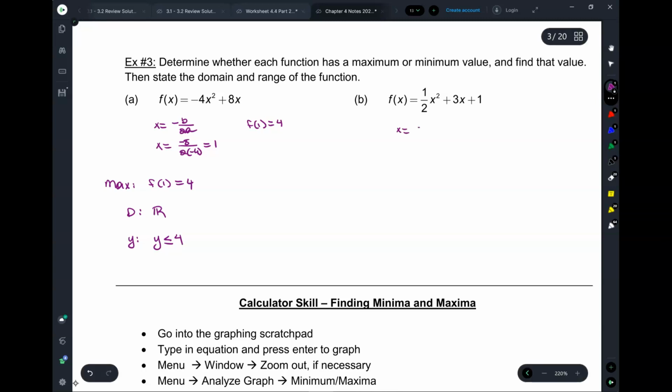So here, x is negative b over 2a, negative 3. Right? So f of negative 3 is what? 9 over 2 minus 9 plus 1.